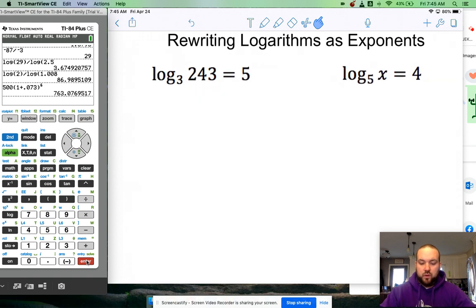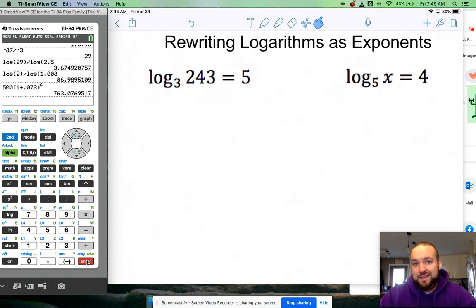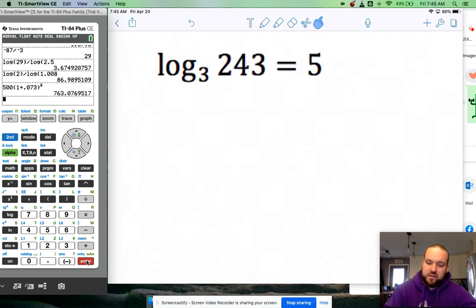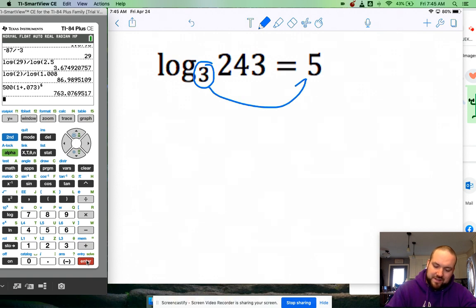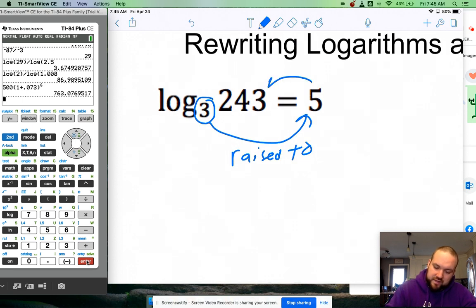Let's revisit what it means to rewrite a logarithm as an exponent. In the previous video, we rewrote exponents as logarithms. But here, if I have log base 3 of 243 equals 5, this is my base number, and I'm going to raise it to that power, and that equals that.